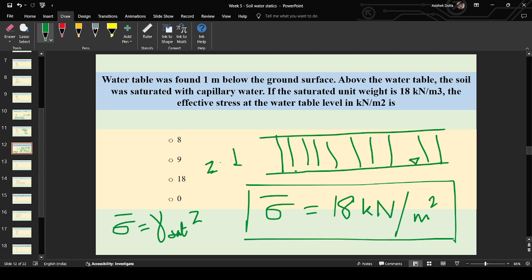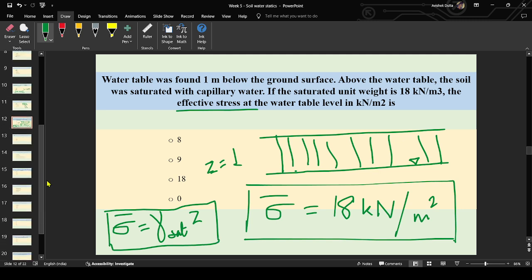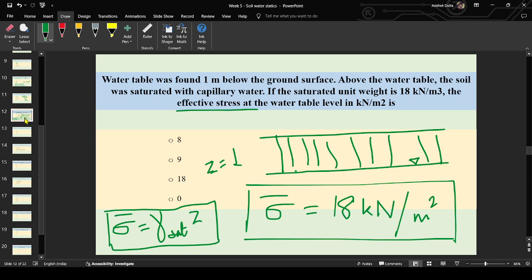When we talk about total stress here, then we have to deal with the pore pressure, which is negative over here. There is a relationship between total pressure, pore pressure and effective pressure, which we'll see. But in this scenario, don't mention total pressure. I have mentioned effective stress, and because it is a suction case, effective stress will include gamma sat and not gamma submerged, as in the general cases. I'll come to the relationship later because I've already given a question.